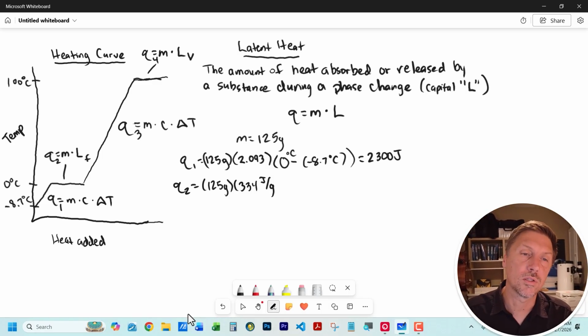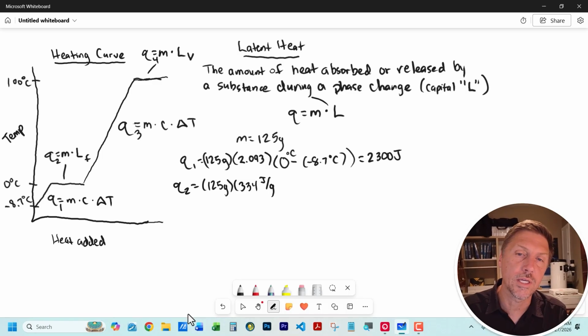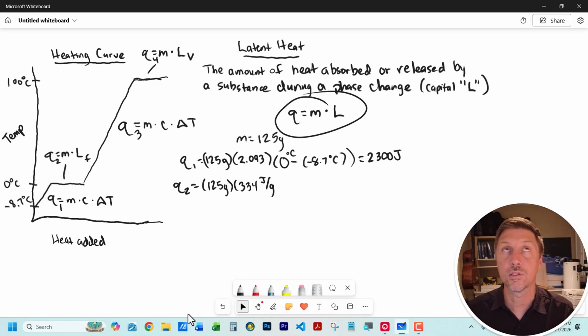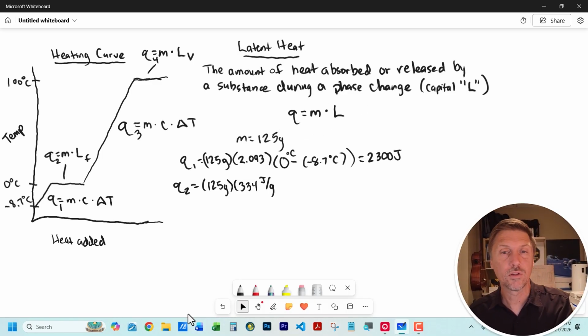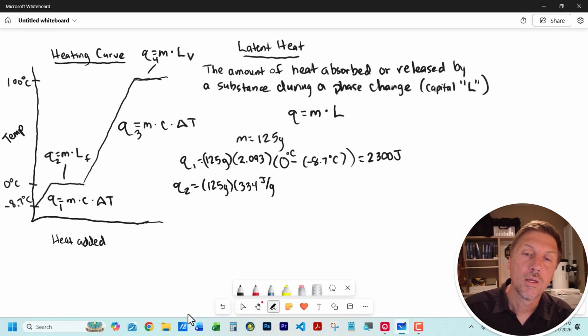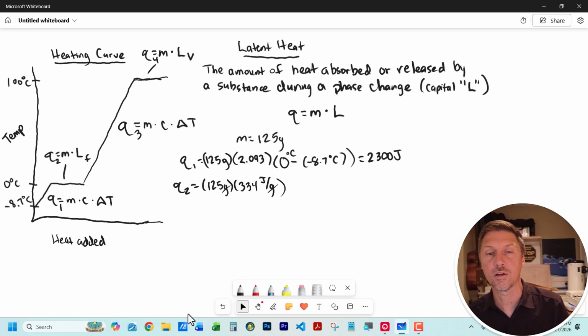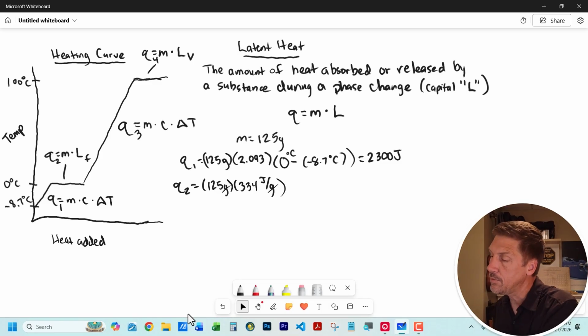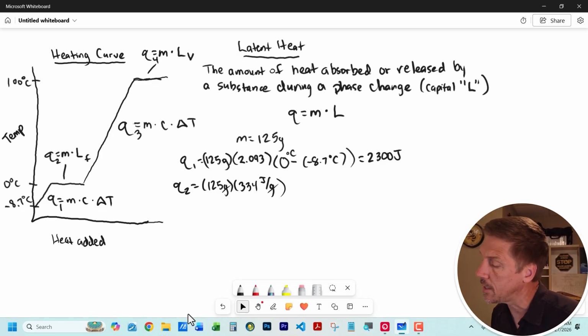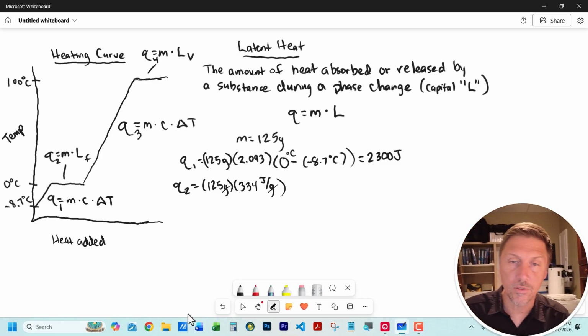But since latent heat does not involve a temperature change, there's no Celsius unit in there. So these units will work out great because our grams will cancel out and we'll be left with a final value of joules. And when we do the math with this, we get 41,800 joules.